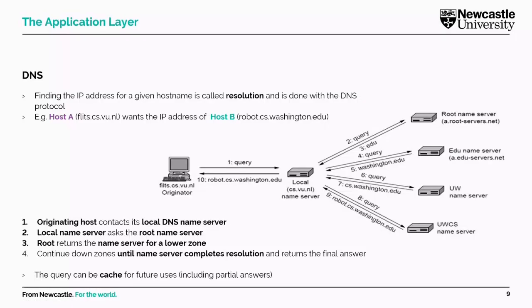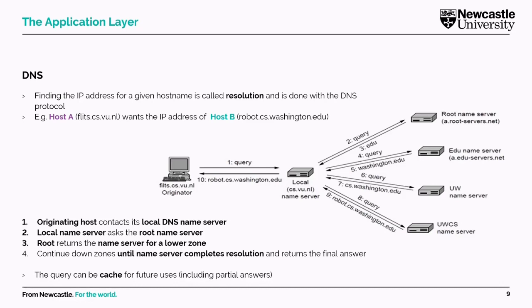What it does is send a query to the local DNS server. As we saw, we can have DNS servers at different levels. We'll first send the DNS request, or query, to the closest name server.